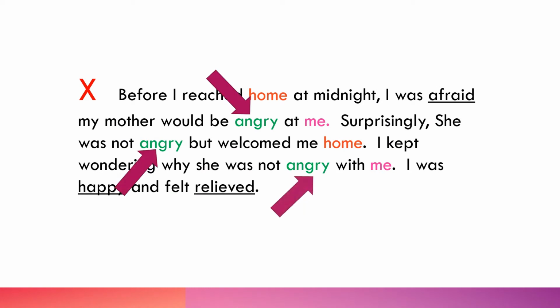What about this? Angry. The word angry is repeated 3 times. So if you see this paragraph, a lot of words are being repeated. So this is not a good paragraph. Try to avoid repetition in your sentences.